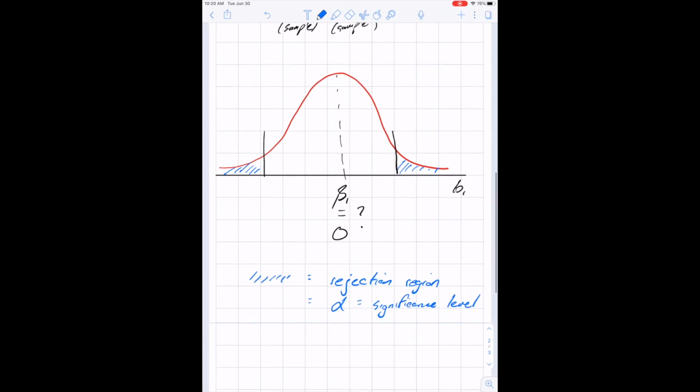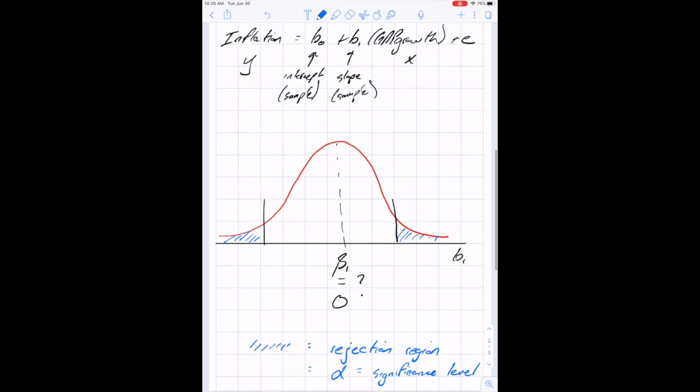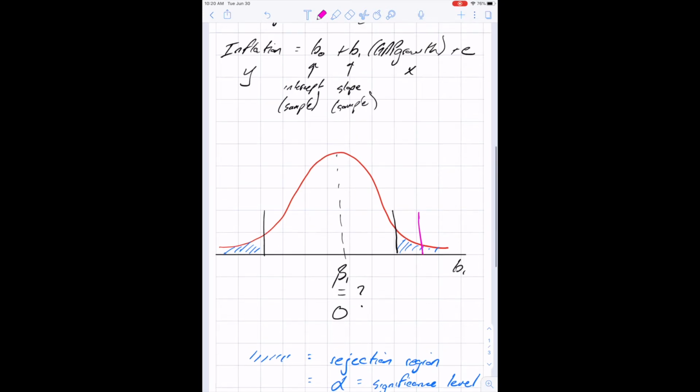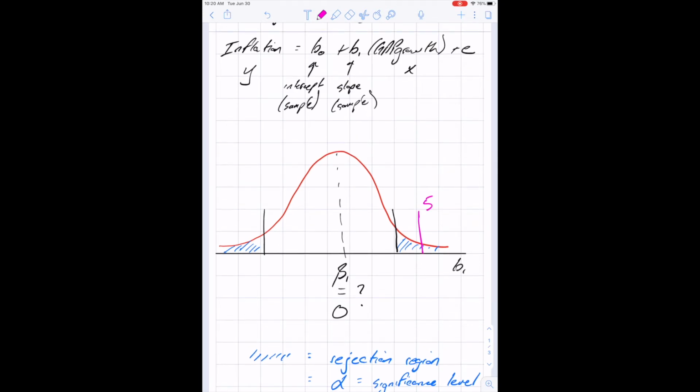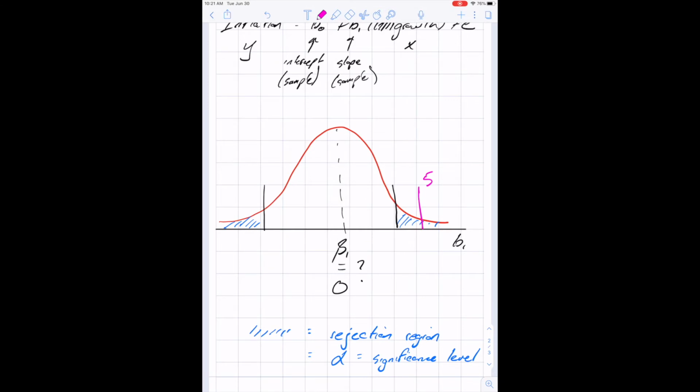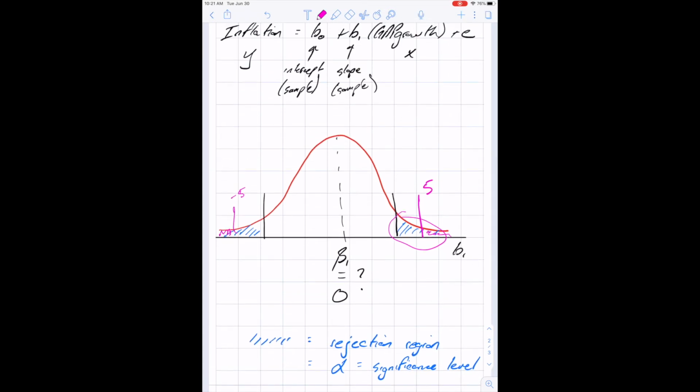And then eventually, when I get my data, I could land over here. So say we get this particular slope of 5. I don't know what it's going to be, but say we got 5 and that landed there, then we'd reject the null hypothesis. We would know we landed there if we looked at the p-value, which would be the areas out here, right? Negative 5. So we could compare our p-value to our significance level, or we could compare our t-statistic to a critical value.